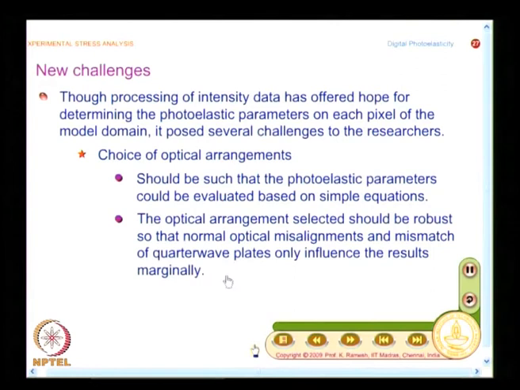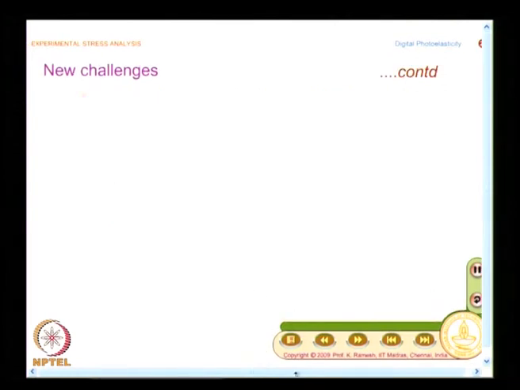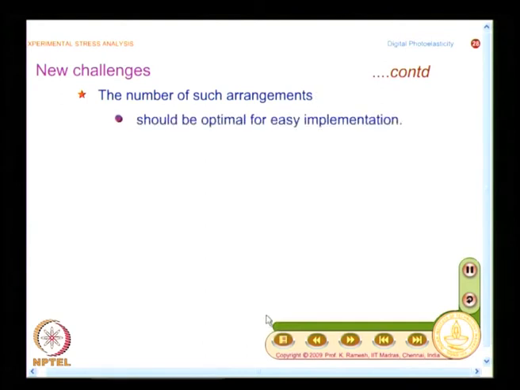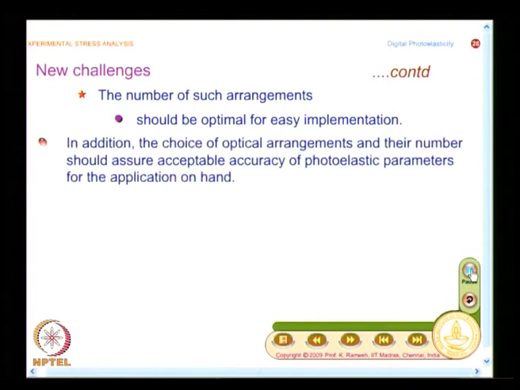Now, what you have here are methods which use a conventional polariscope also. When you look at the optical arrangements, how many do we have to use, how many parameters do you have? I have to find out the isochromatic parameter, isoclinic parameter, and the background light intensity.